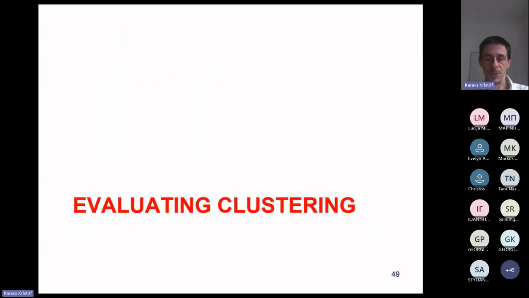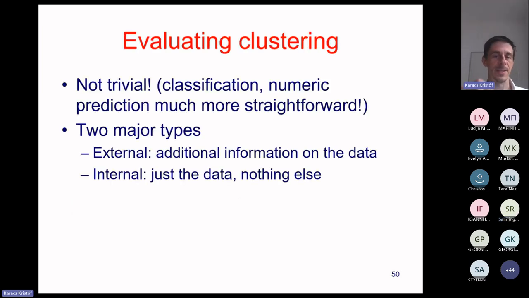Then shortly, we are going to discuss evaluating unsupervised methods, only clustering, because this is what we have time for. But the first thing that we observe is that in unsupervised learning, we don't have labels.